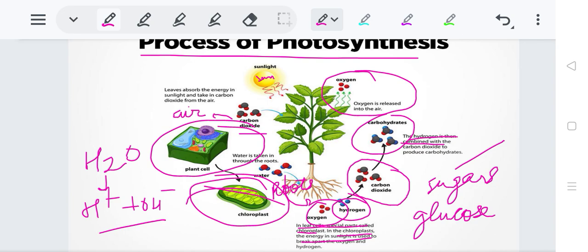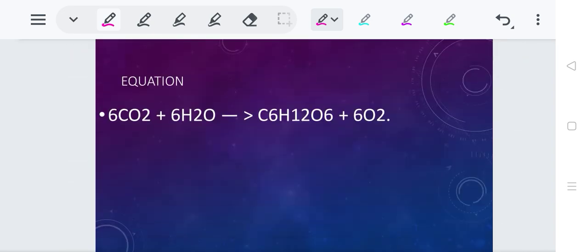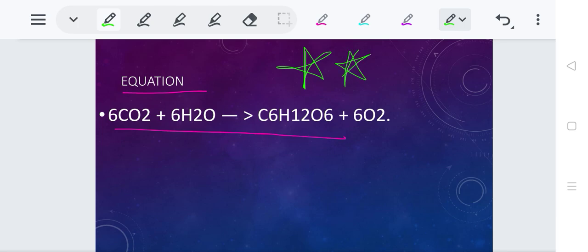They take raw material like carbon dioxide, water and sunlight, then they form glucose as well as oxygen. So this is the equation. I think this is very important because for any question relating to photosynthesis, we have to write the equation whether it is asked or not.